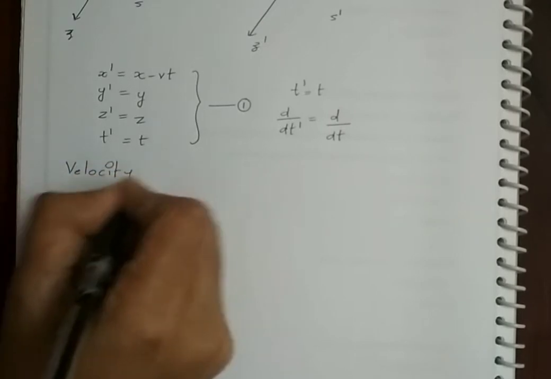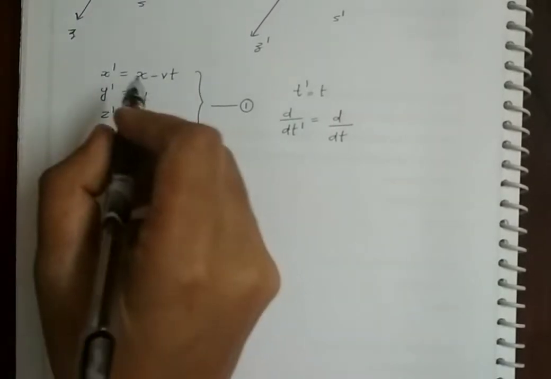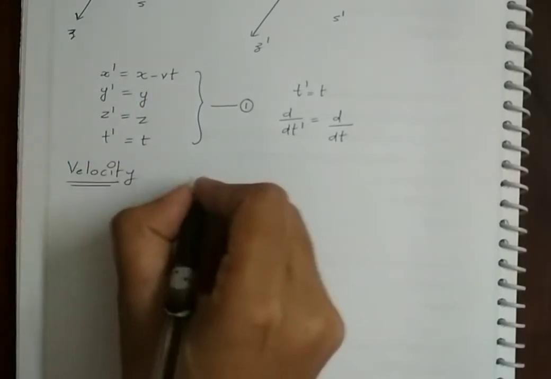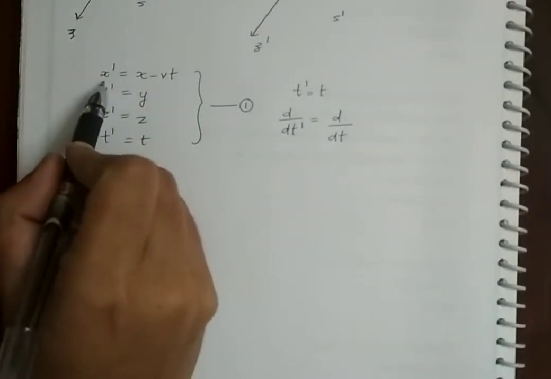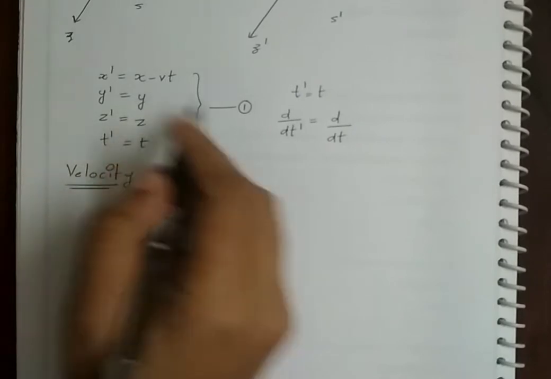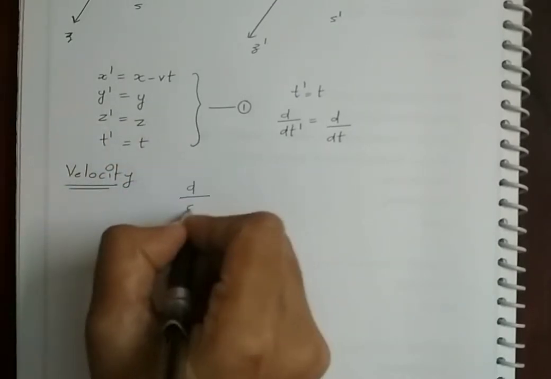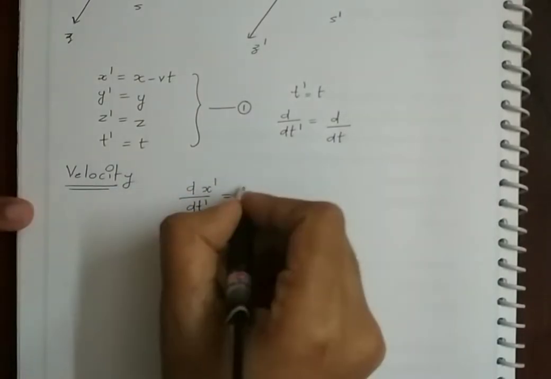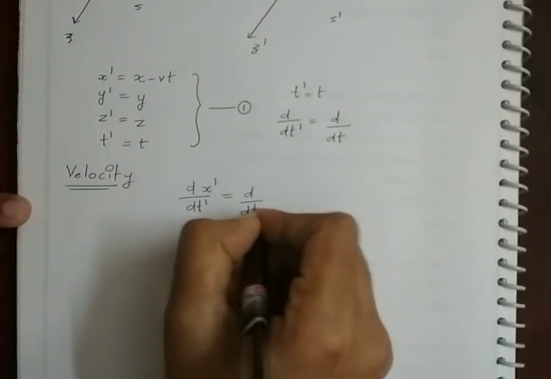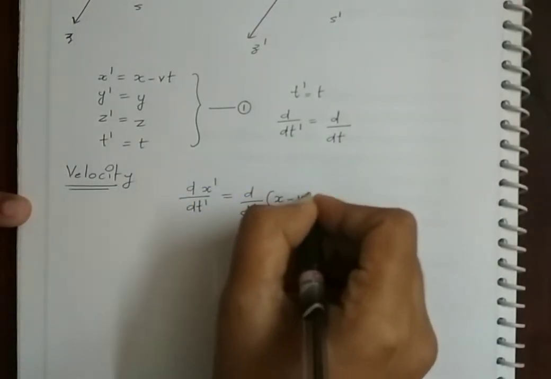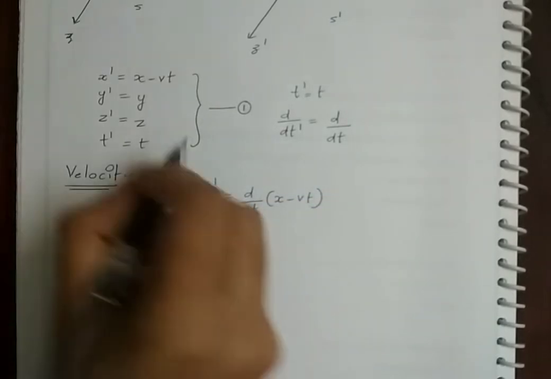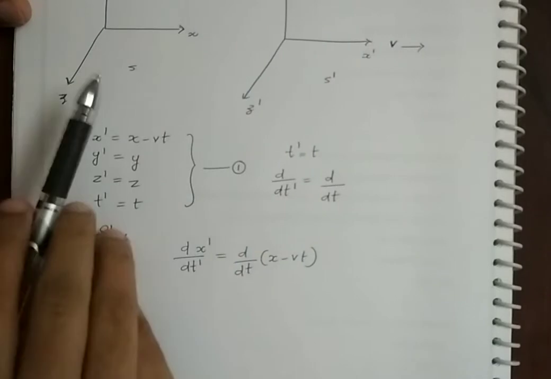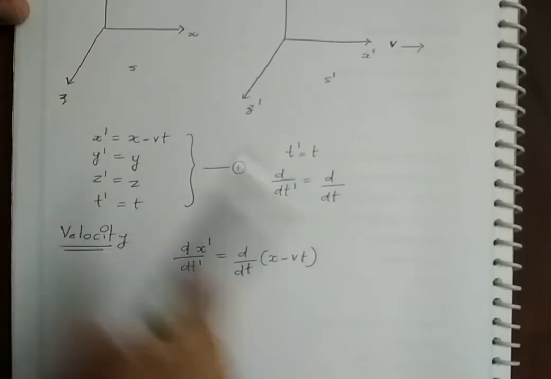Velocity transformation. Consider the first equation, x prime is equal to x minus vt. Taking the derivative with respect to time on both sides, we have d by dt prime of x prime is equal to d by dt of x minus vt. The prime stands for the S prime frame, and the unprimed t stands for the first frame.